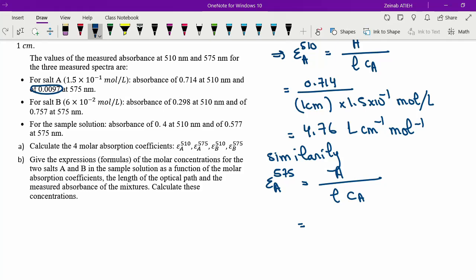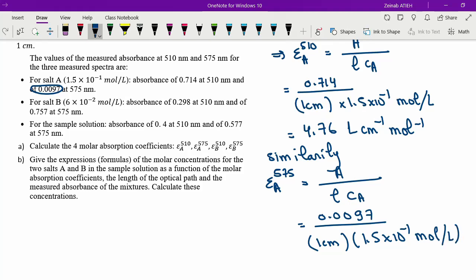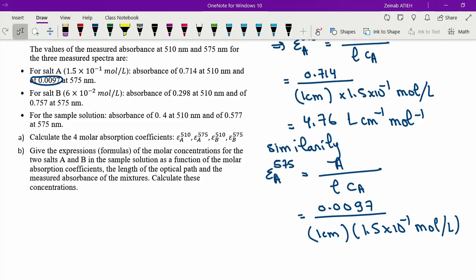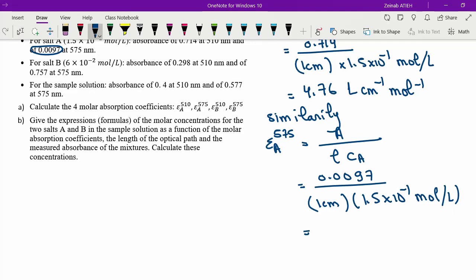It's equal to 0.097 divided by 1 centimeter times 1.5 times 10 to the power minus 1 mole per liter, and we will arrive at our answer, which is 0.0646 liter centimeter minus 1 mole minus 1.